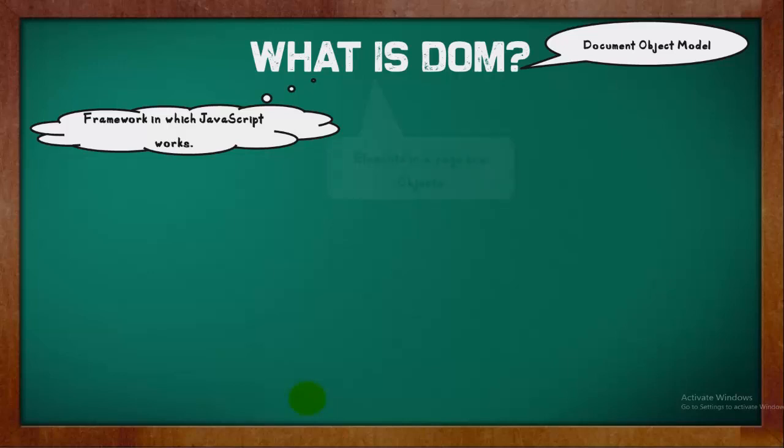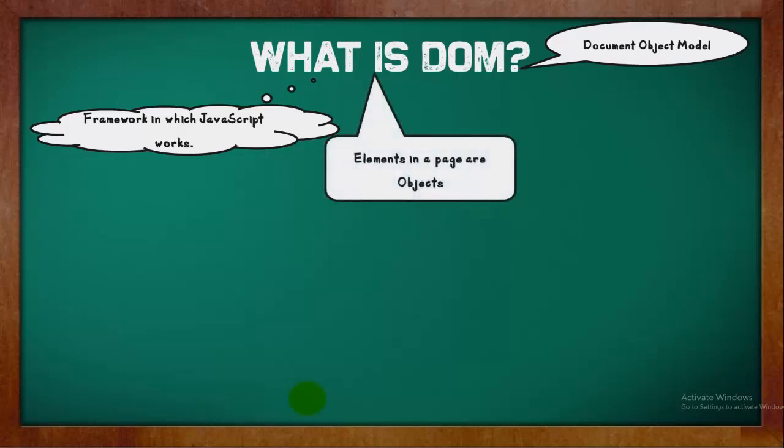Why? Because each and every element in your web page, I already discussed in your previous slides, elements like H1, paragraph tag or button tag, form tag, table tag, any tag, frame tag, all these tags, elements are called objects in DOM, because JavaScript will take care of only objects. That's what I've said.